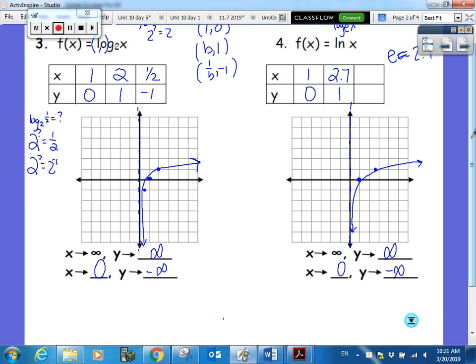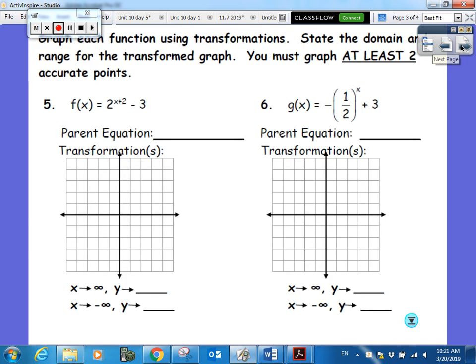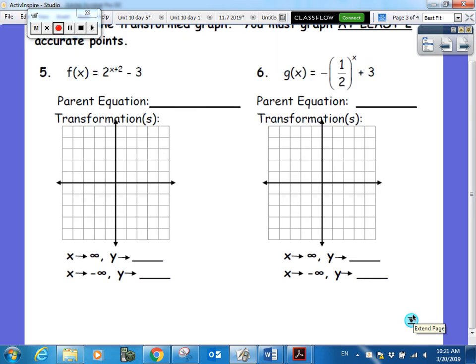All right, so those are kind of like parent functions. Now we have some transformations happening here. All right, so these first two are exponential. So when it asks for the parent equation, it's just the function equals base to the x, whatever this base is right here. The base is the number that has the variable in the exponent.